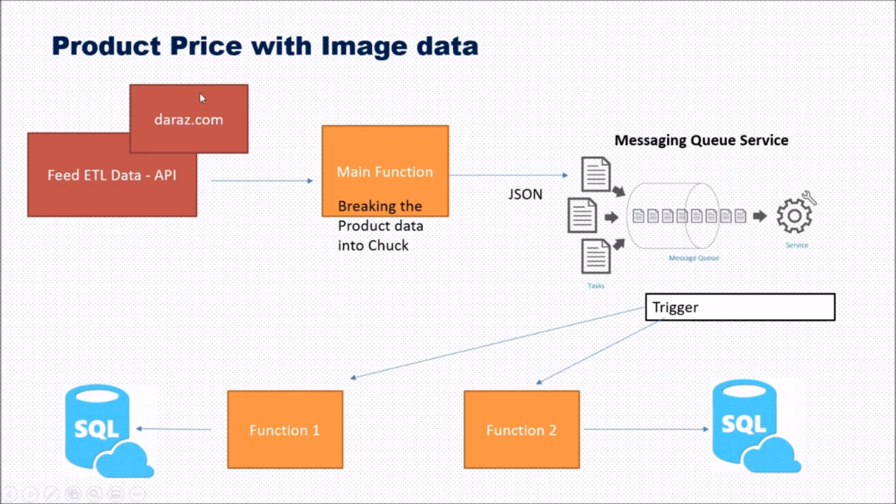This is one example which I have just given you to view. I think it will make it clearer. If somebody doesn't know about the ETL process, I think this is the best architecture to work with on a cloud.